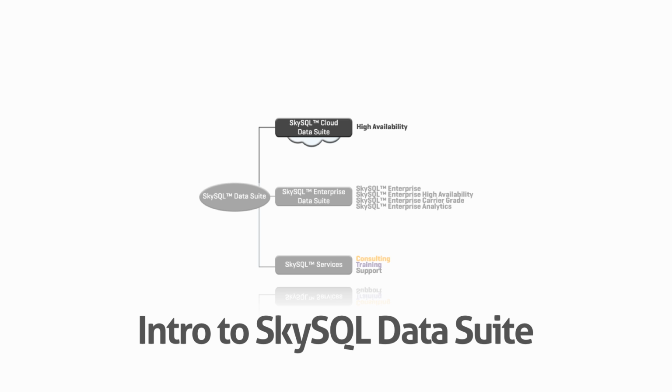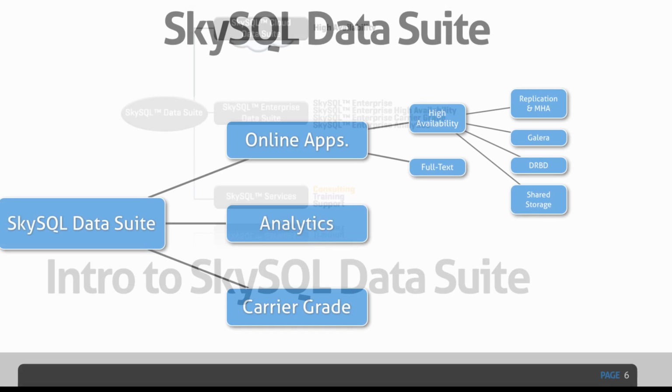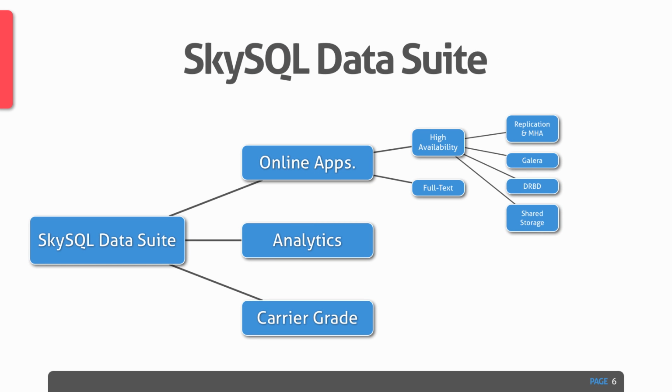Starting from the origins of SkySQL Data Suite and a quick introduction, what you can see here is that the SkySQL Data Suite is a combination of elements, and you will find more information on our website, www.skysql.com.